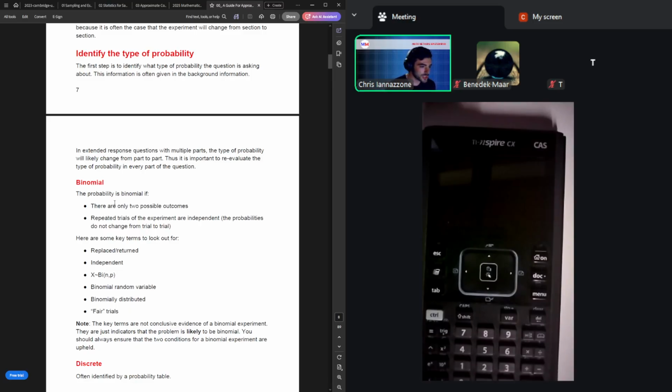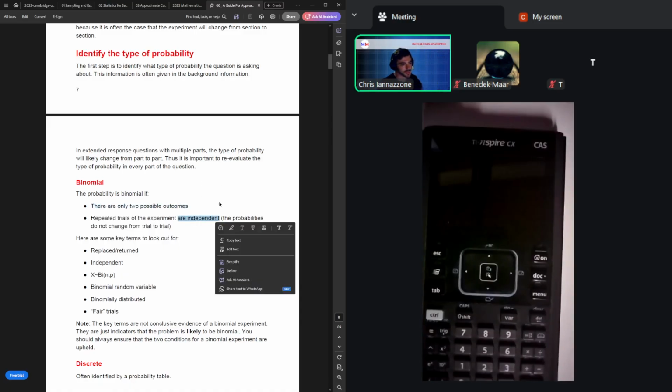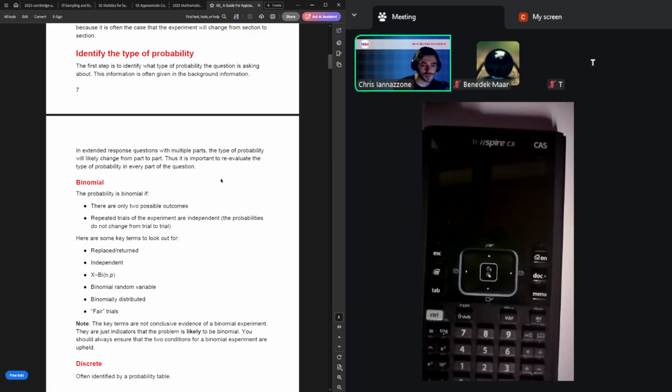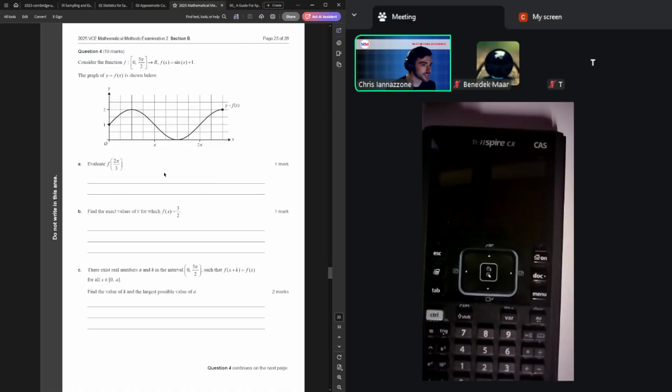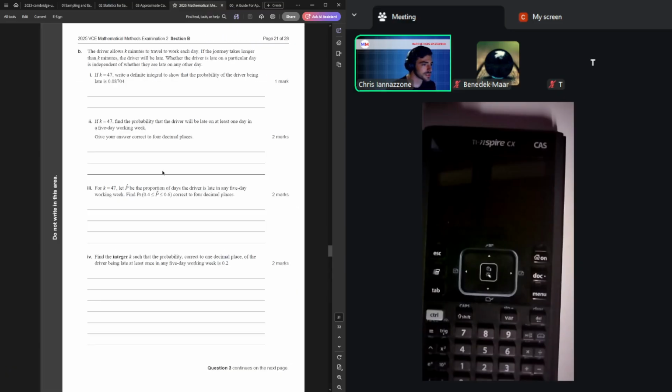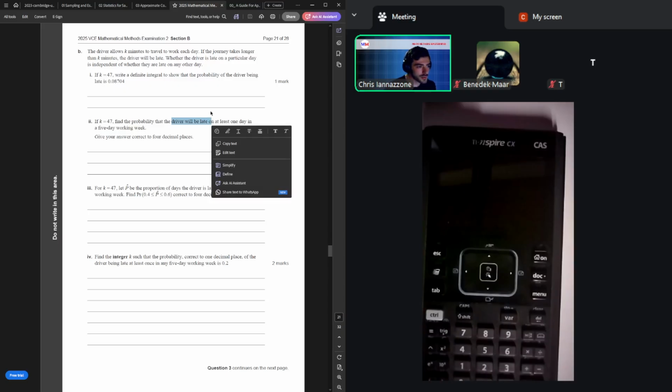So, to identify if you have binomial, you're looking for a number of outcomes and whether there are repeated trials, whether those repeated trials are independent. So binomial has to have two outcomes. When I was looking at this and I said binomial, it's because I saw "find the probability of being late on at least one day in a 5-day working week." Right, so you're either late or you're not.